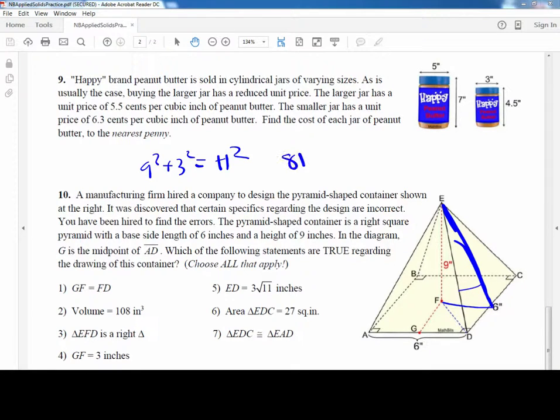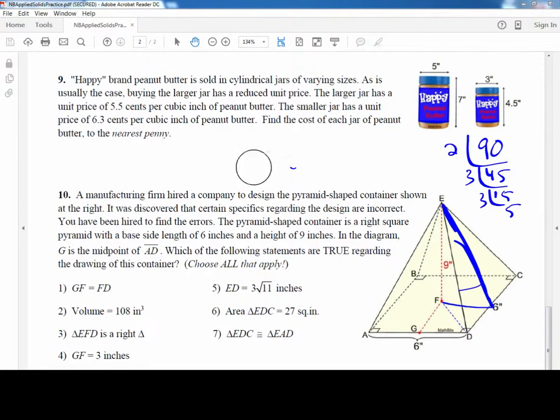So we've got 81 plus 9, that's 90. We need to find the square root, so divide by 2, that's 45. Can I divide by 2? No, but I can divide by 3. That's 15. Divide by 3, that's 5. So here's a good example of what you were asking. I've got the two 3s, that comes outside. Root 10, exactly. So there's my height.